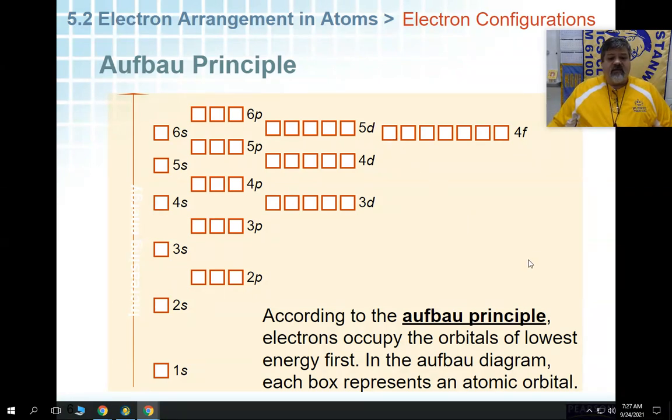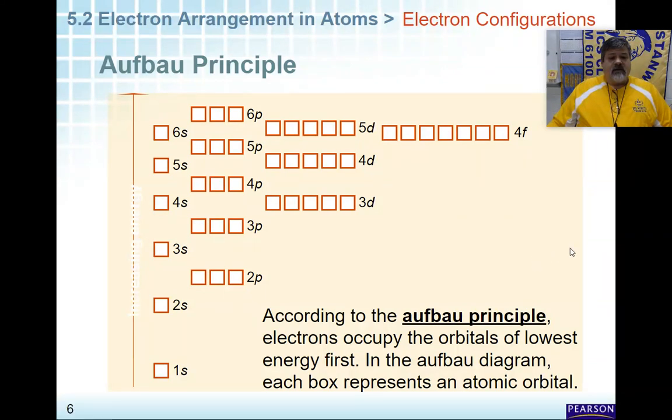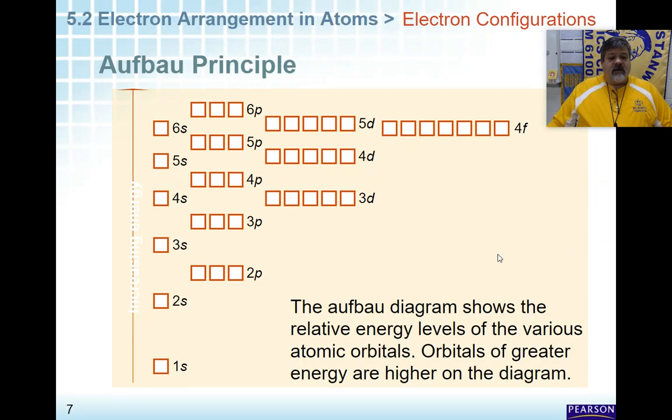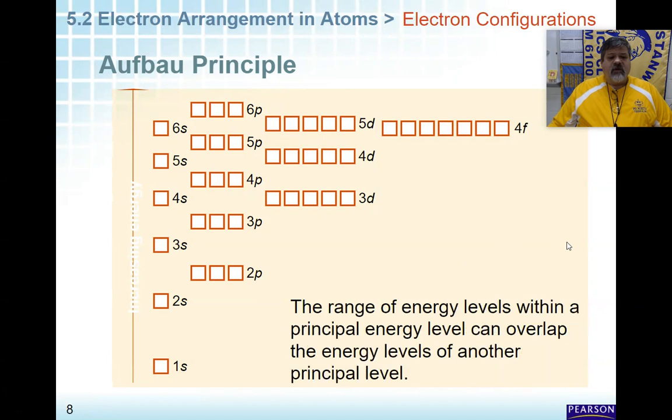So we have the Aufbau principle here, and it's really showing the relative energy levels as we go up through this diagram to the top. We're going to show you other ways to do this also. Now, sometimes these energy levels overlap a little bit, especially when we talk about the transition metals. We just want to make sure that you understand how it works as we go through.